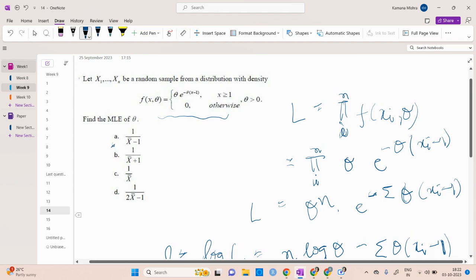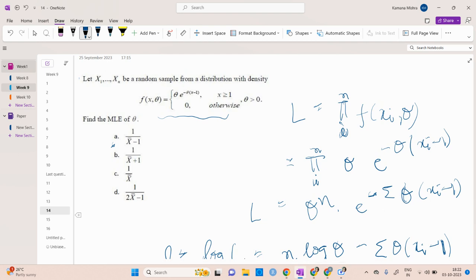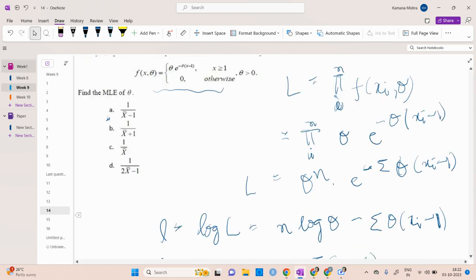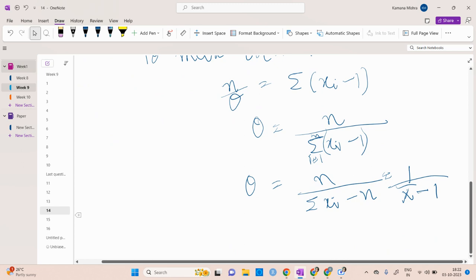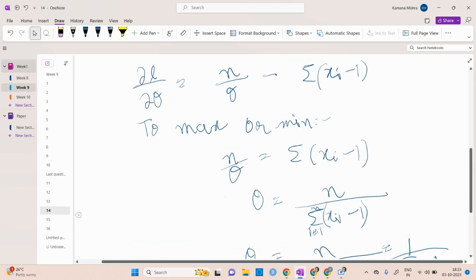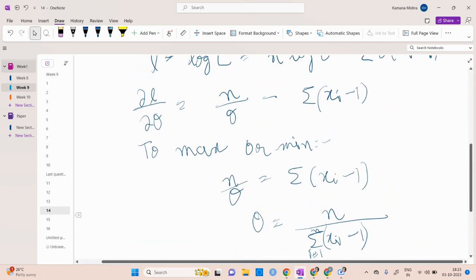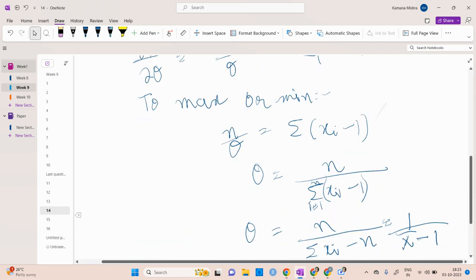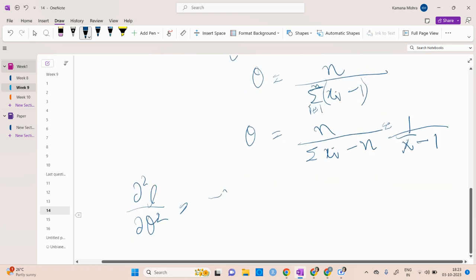Now, whether it is the MLE or not, we will find by doing the second derivative, del 2L del theta 2, right? So del 2L del theta 2 will be minus n upon theta square.